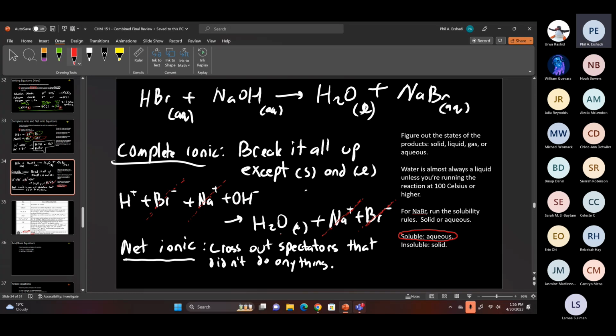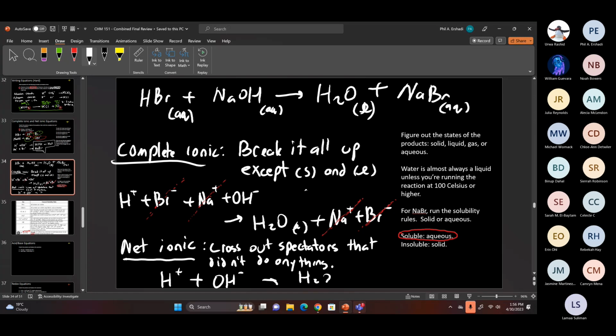Now, you still have H on the right side, but now it's part of a new compound. It was by itself. Now it's part of water, so that definitely did something. So your net ionic is H plus, OH negative, yields water, liquid. Also, one more thing here.